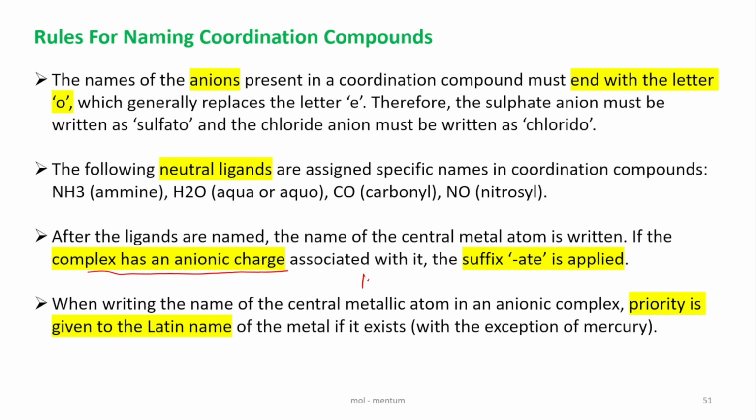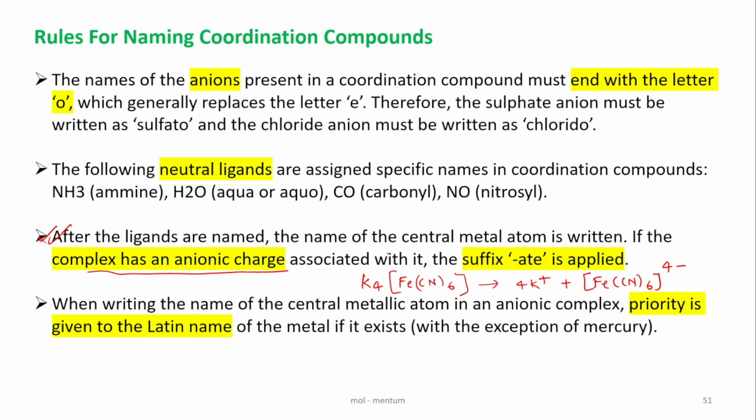So like I have this case K4[Fe(CN)6]. If suppose this is the complex, when we write the complex, it will give 4K plus and [Fe(CN)6]. Now since it is 4K plus, this complex will be 4 minus. So this rule applies to this complex.